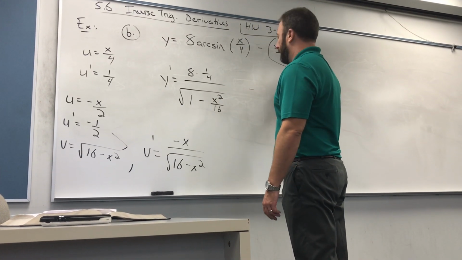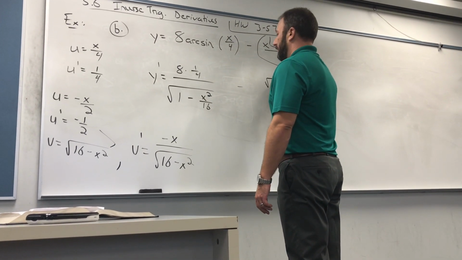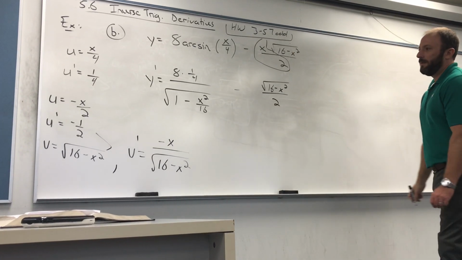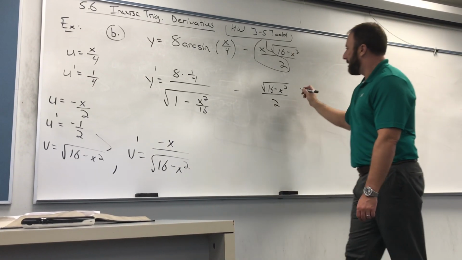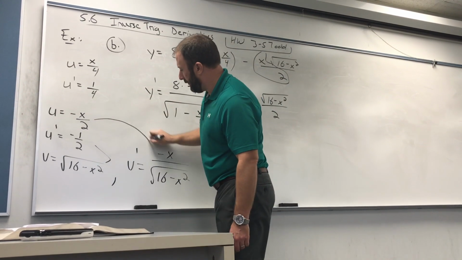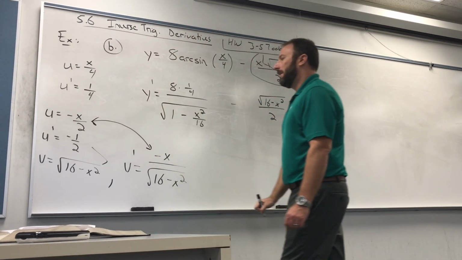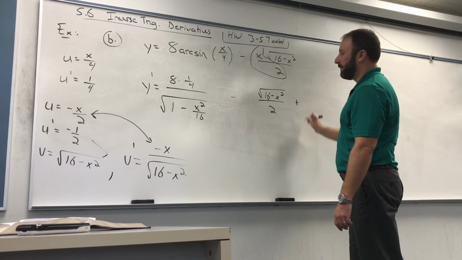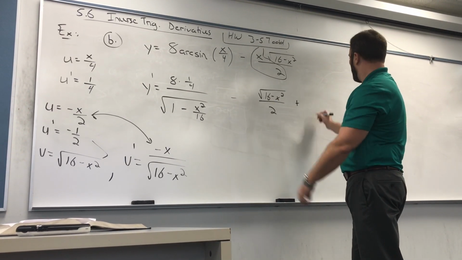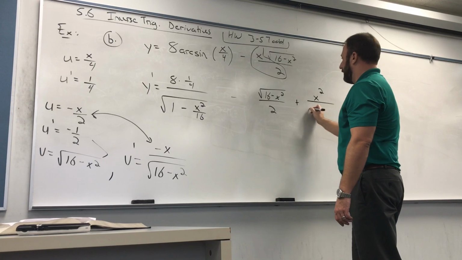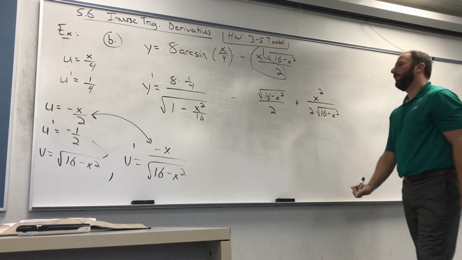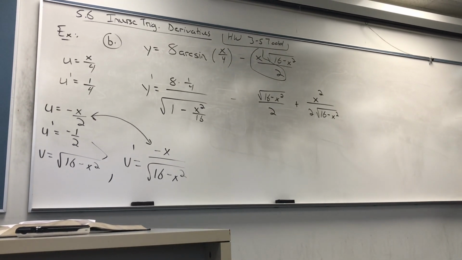So negative square root of 16 minus x squared over 2. And then these two guys, u and v prime. If you multiply those times each other, I'm going to get plus x squared over 2 square root of 16 minus x squared.